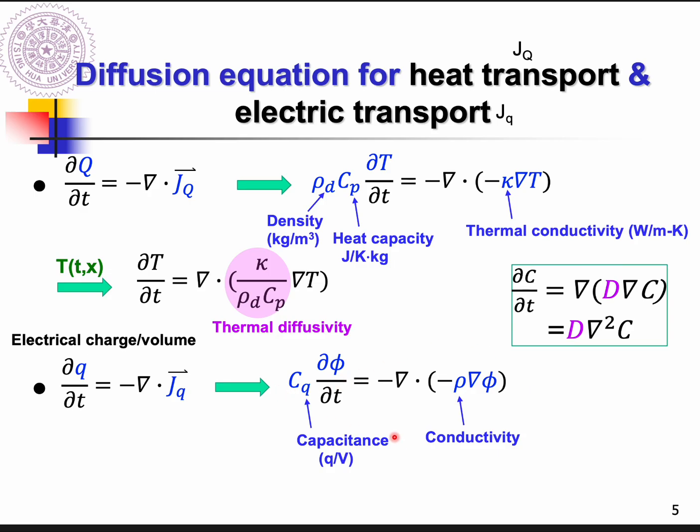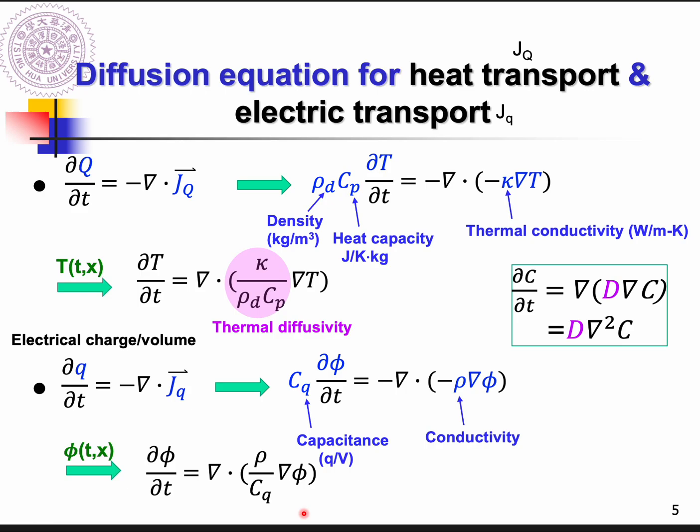And we also move this term to the right-hand side, and we rewrite this equation. We will get this diffusion equation for charge transport, or electric transport. And as long as we solve this, we know the distribution of electrical potential, right?